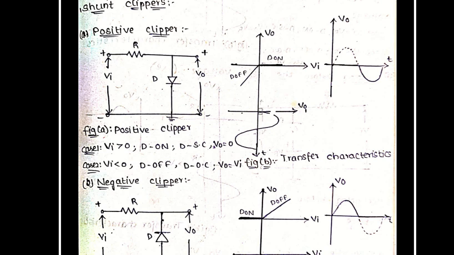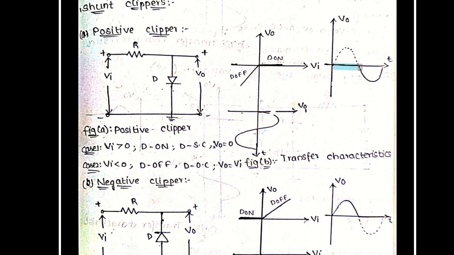Here, when the input signal goes on increasing or decreasing, the output signal is 0. Whatever the input signal may be, 0 or 1, 2, 3, 4, 5 or 5, 4, 3, 2, 1, the output signal is 0.